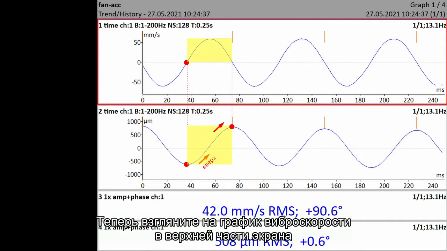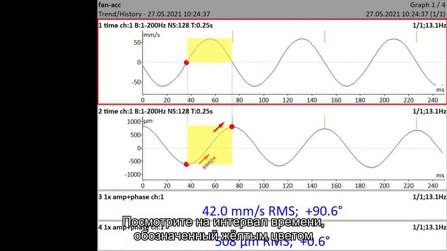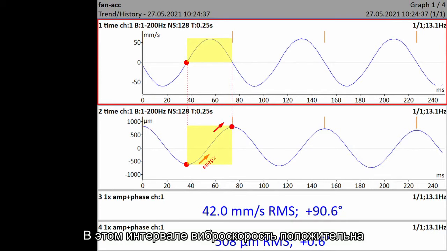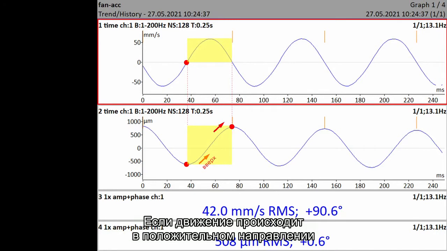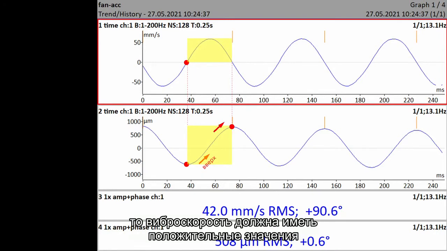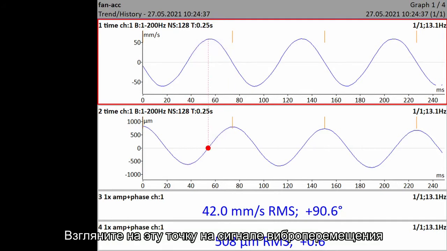Now look at the velocity graph above. Look at the yellow time interval. The velocity is positive in this interval. If the movement is in the positive direction, then the velocity must have positive values. Look at this point in displacement.